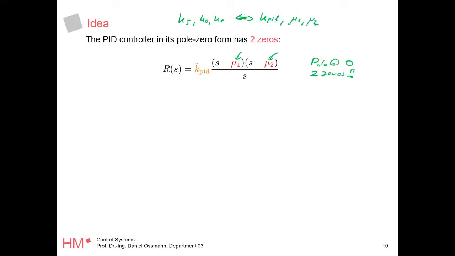You still have three free parameters. It's just a different form of the controller. It's just now we are thinking not in three gains, the integral gain, the differentiating gain, the proportional gain. We are now starting to think more in one gain of the controller and two zeros.